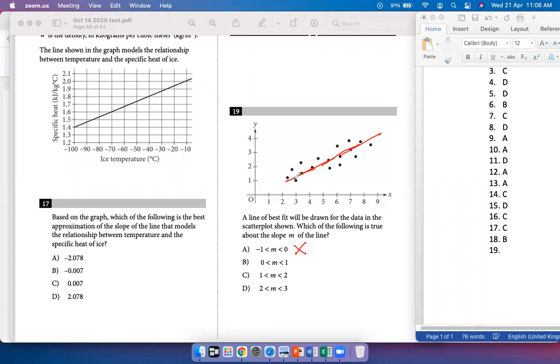Now let's try and see if I take this and this. So my y2 minus y1 looks like 1 and x2 minus x1 looks like 2, right? It's approximately, so it is between 0 and 1 as per this graph, right? So I'll go with B as the answer.